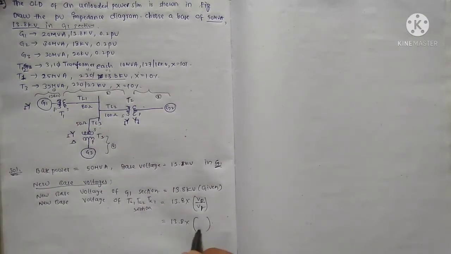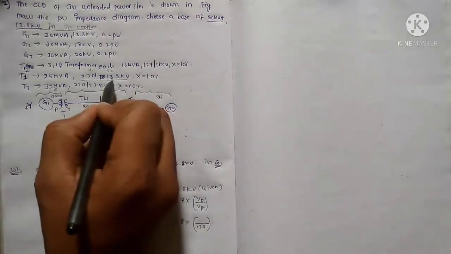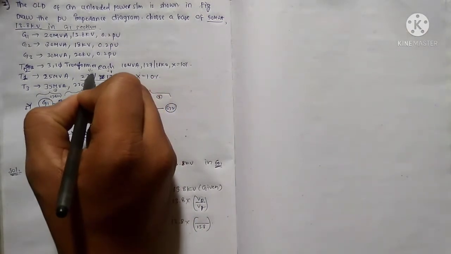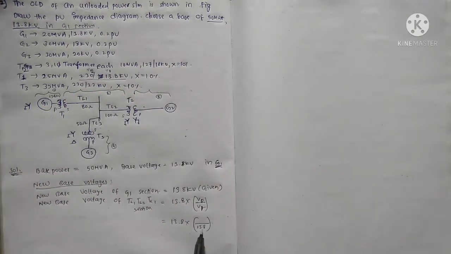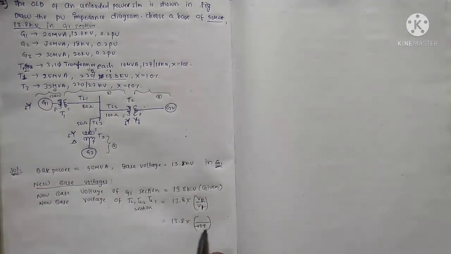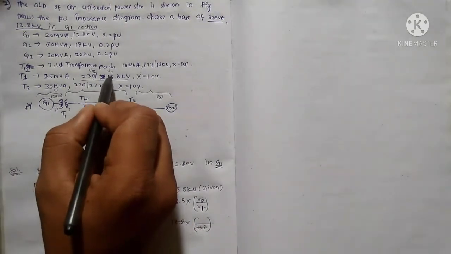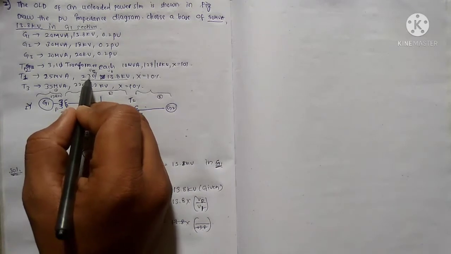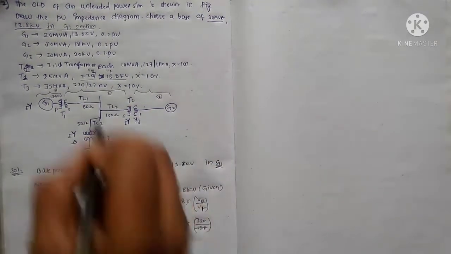Just keep in mind, we need to enter 13.8 here so that it cancels. Therefore V1 becomes 13.8, and this of course becomes V2. V2 is now 220.